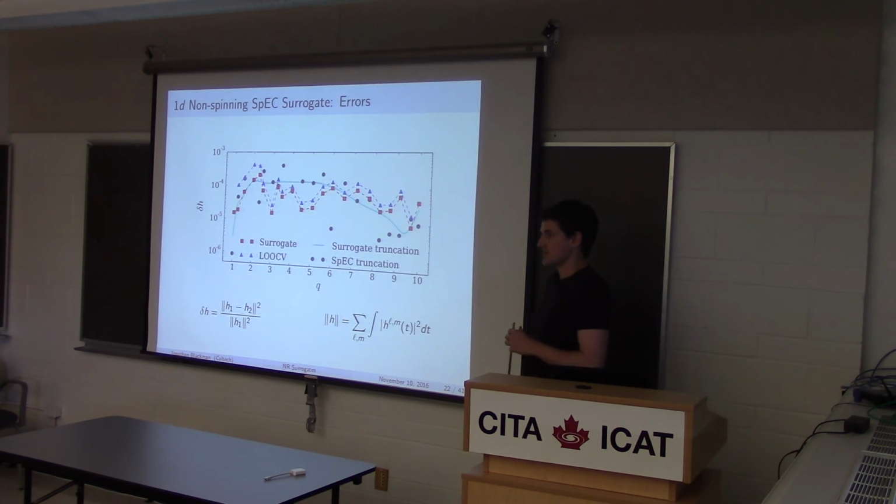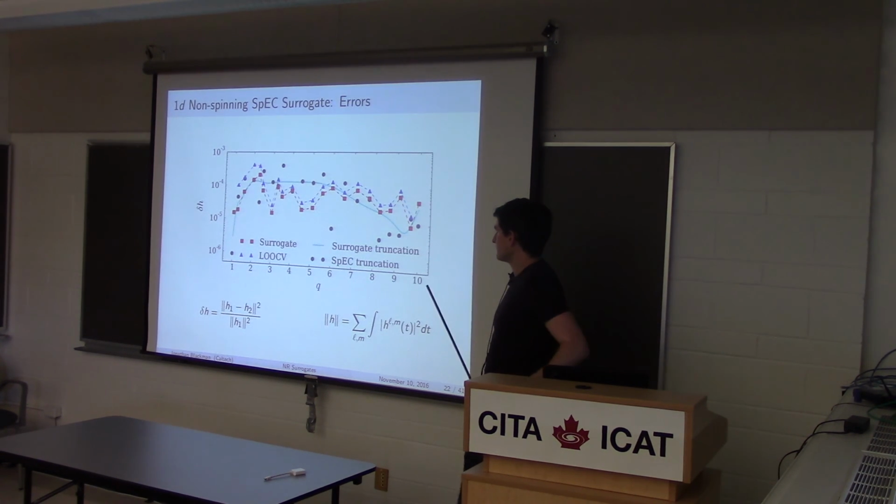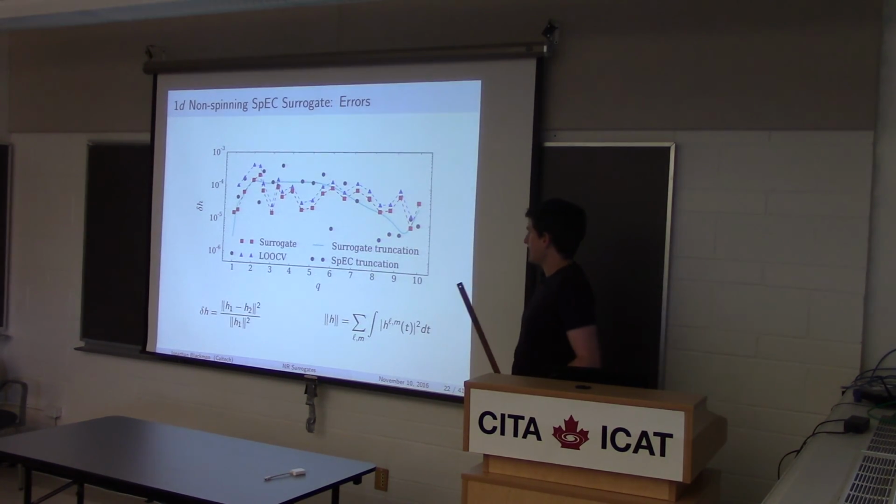So evaluating this surrogate model and comparing it to the numerical relativity waveforms, we find what the errors are. We're able to estimate the resolution error of the numerical relativity waveforms by comparing waveforms that use different resolution for the simulations. Those are these black dots here, and you see the largest one is up here, around mass ratio 3 or so.